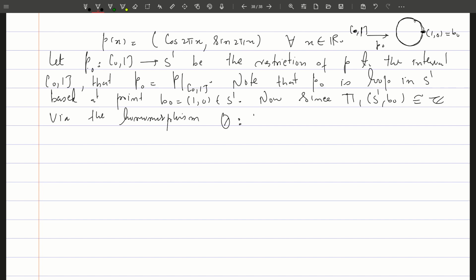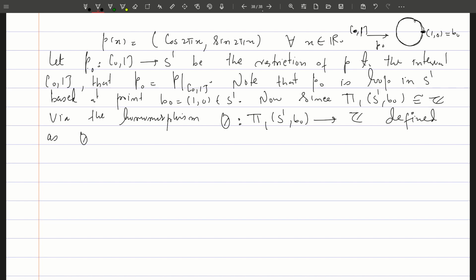So theta is the homomorphism from the fundamental group of S1 at B naught to the group of integers. This is defined by the map we defined when we computed the fundamental group of the circle.